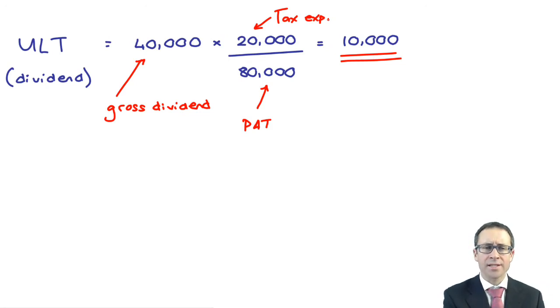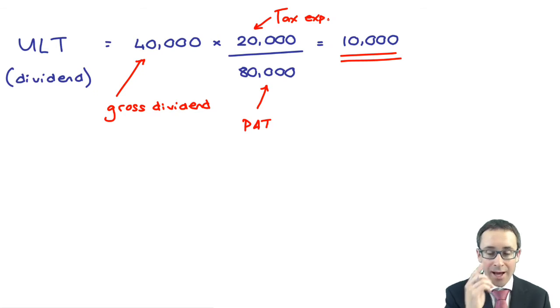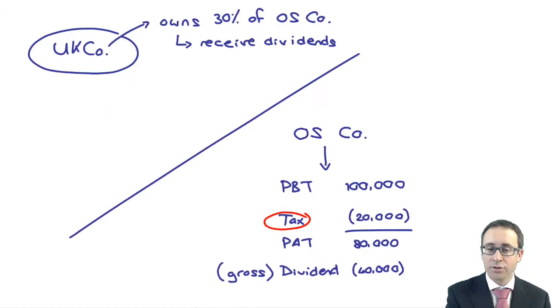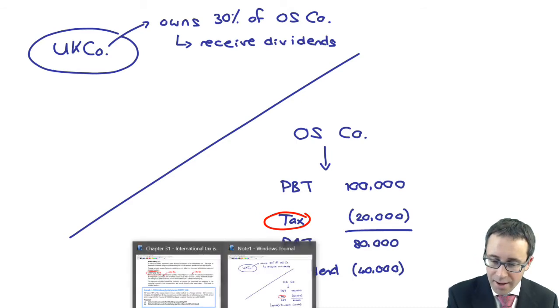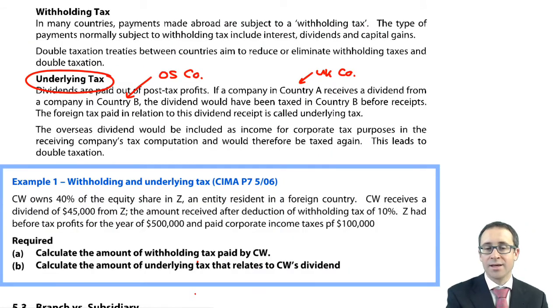That gives you your underlying tax at 10,000, and sometimes, depending upon the double tax treaty, when the UK company receives that dividend ultimately, so 30% of it, it will be able to reclaim part of that underlying tax. Okay, so just to recap, the underlying tax is the tax that's being paid out of your profits on the dividend that you are about to receive.